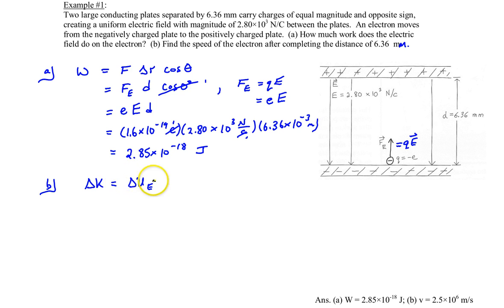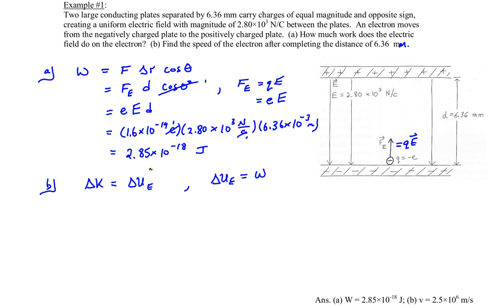Now, the loss of electric potential energy can be calculated in several ways, but since we've already calculated the work done, and you remember the work-energy theorem, the amount of work done should be equal to the electric potential energy that is lost. So the electric potential energy lost is equal to 2.85 times 10 to the power of negative 18 joules.